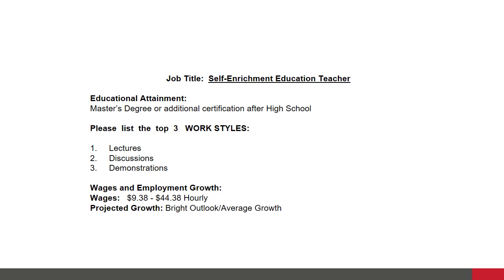Now, that's a really pretty big range. Typically, we don't see it that large, but again, I bet you I could do some more research and look at industry-specific teaching positions and hone in on a little bit better of a projected rate. Lastly, when it came to growth rate, I was real happy to see a little sunshine on this particular job because it has a bright outlook. So I indicated that as well.